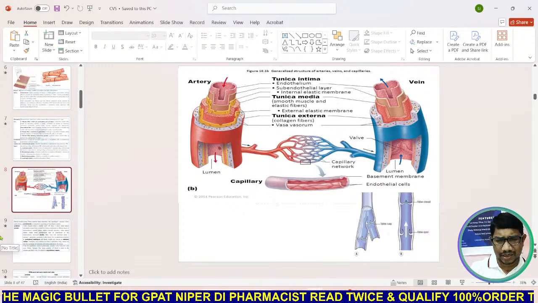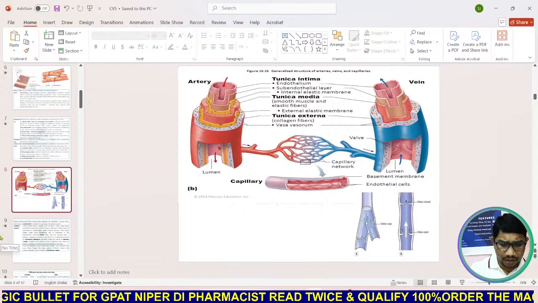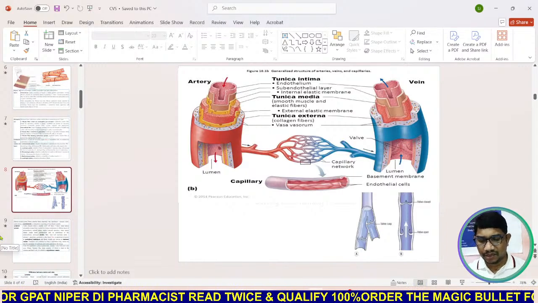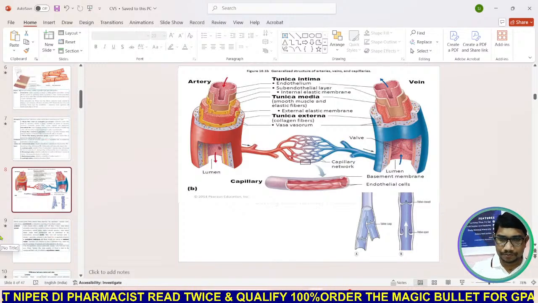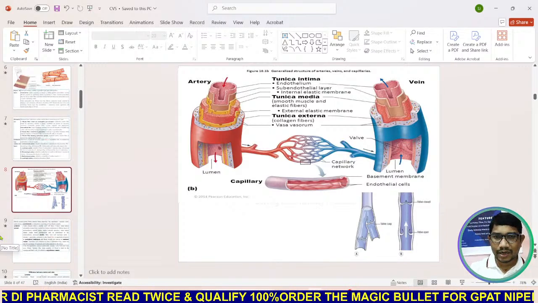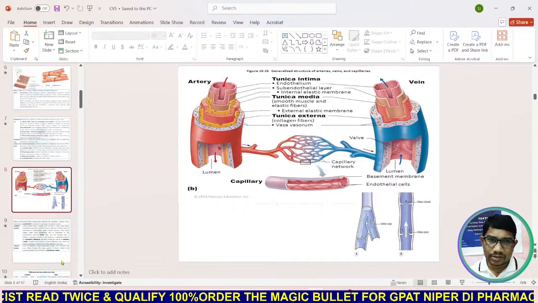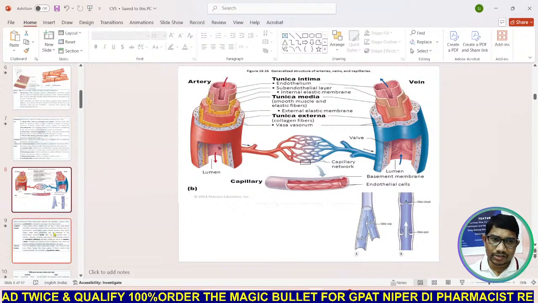Tunica externa is also known as tunica adventitia. So we have seen the different layers of the blood vessel.